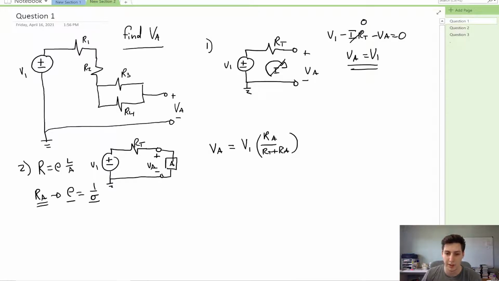We are able to factor out an RA from the numerator and denominator, and we can say that this is equal to V1 times 1 over 1 plus RT over RA. Again, we know that if RA is massive and RT is any realistic value, this term will go to 0, and again, VA is equal to V1. So there's 2 ways to do it.